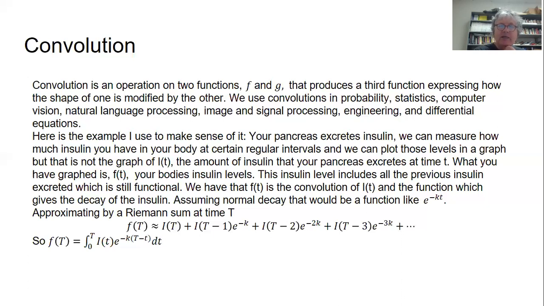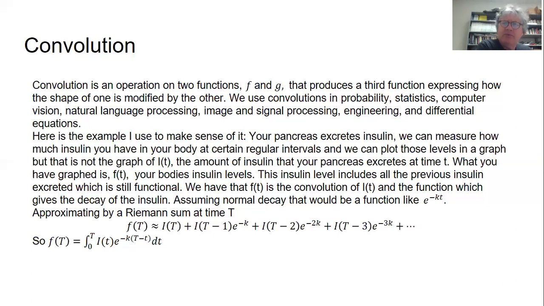And so in this case, the f of t, the amount of insulin in your body, is a convolution of the amount of insulin that your pancreas secretes and a decay function of some kind. How are you going to model that? The typical way you model decay is by a negative exponential.